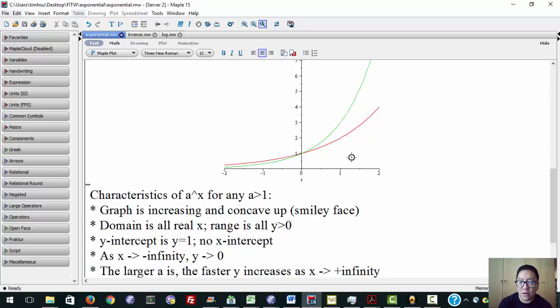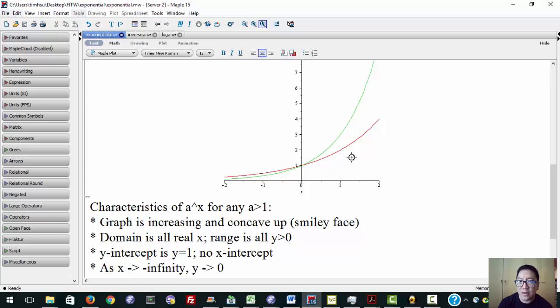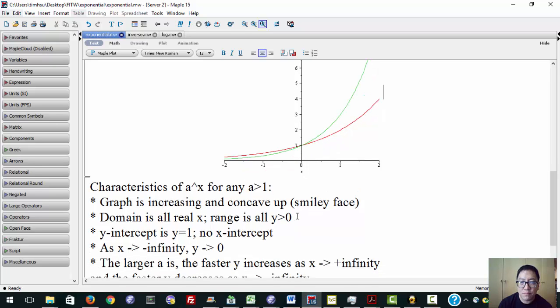And the range is all y values greater than 0. You only ever get positive values. In fact, it's a little harder to see, but you actually get all possible positive values. The y-intercept of any function y equals a to the x is y equals 1, and there's no x-intercept. And again, as x goes to negative infinity, y goes to 0.